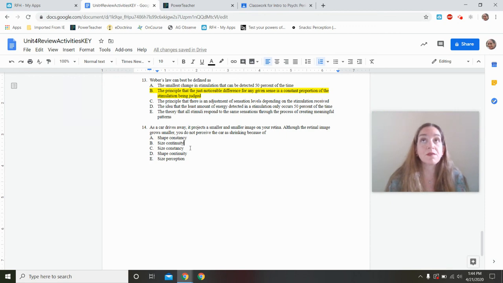That's what the blue and black and white and gold dress deals with, the fact that your color constancy is messed up in that one specific scenario because you're using the backdrop of your own expectations, and depending on whether you see the dress outside or inside, you're either going to see it as white or gold or blue or black. So when the retinal image is growing smaller, but you're not thinking, oh my gosh, that car is shrinking, that's going to be an example of size constancy.